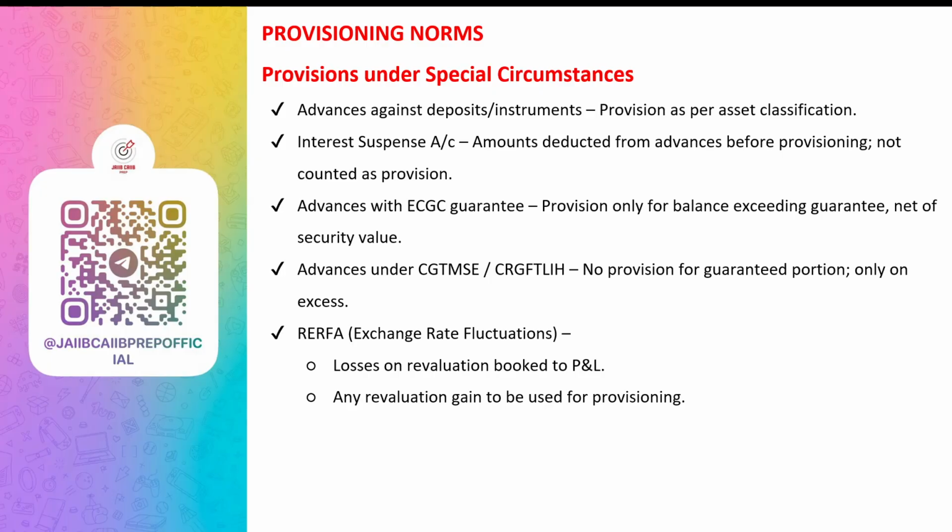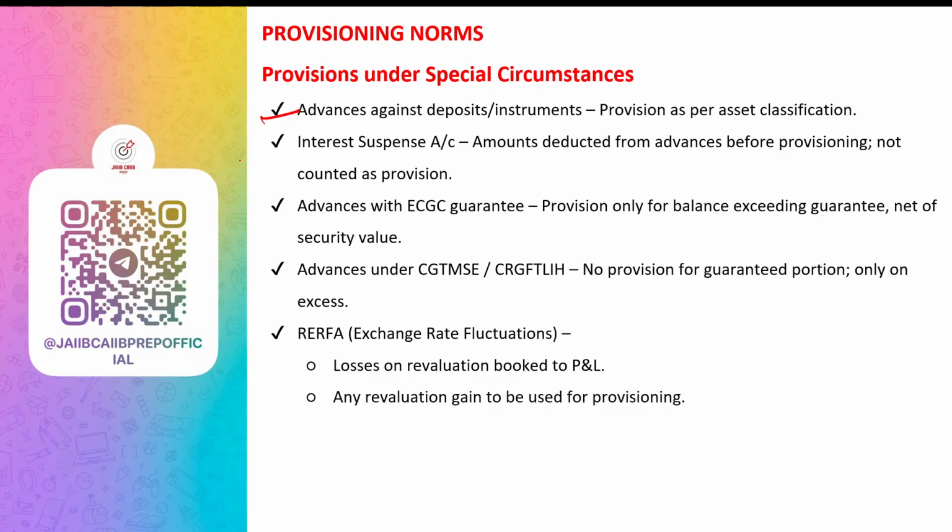Provisions under special circumstances: advances against deposits or instruments. So if a borrower takes a loan against their own deposits like a fixed deposit, KVPs, NSCs, the bank still needs to make provisions. The provision depends on how the loan is classified, whether it is standard, substandard, doubtful, or loss.